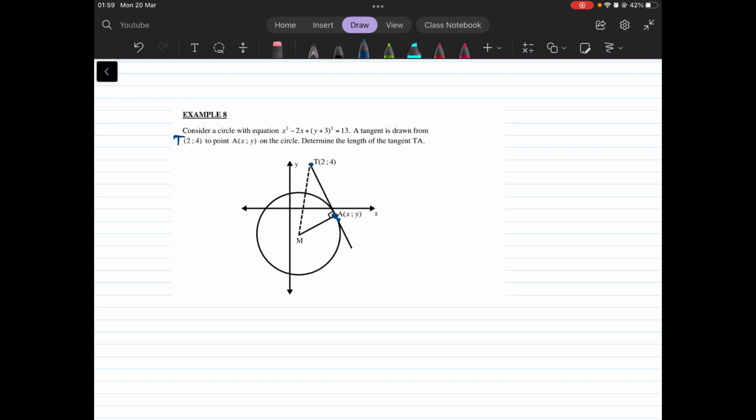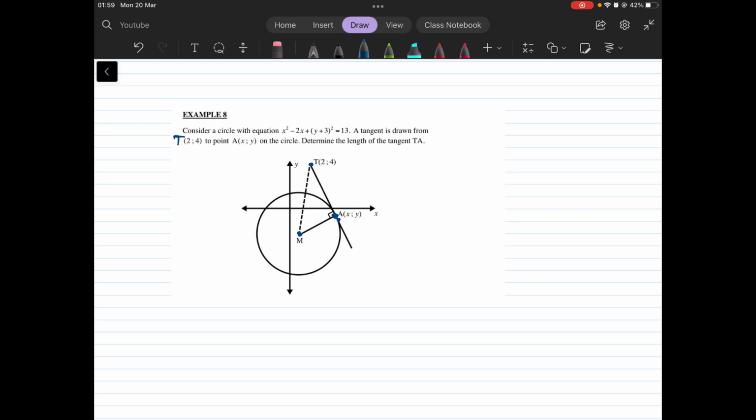But that is a very long thing to do. So the idea that I have is to rather write this equation in standard format. By writing it in standard format, it gives you the coordinates of the center. It also tells you what this distance MA is, because it gives you the r squared.